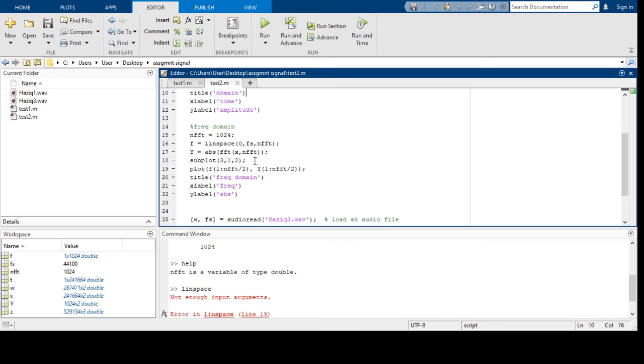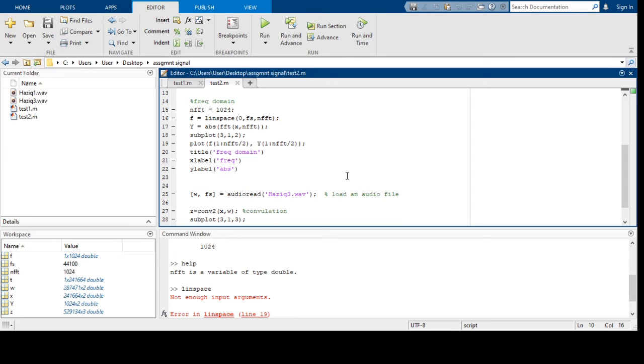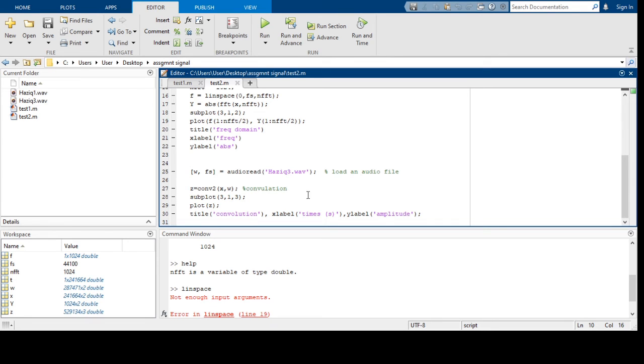After we got the time domain and frequency domain, we include another audio file. The first audio I recorded as my own voice. For the second, I included a guitar audio. So we want to use convolution: z equal to convolution of x and y.